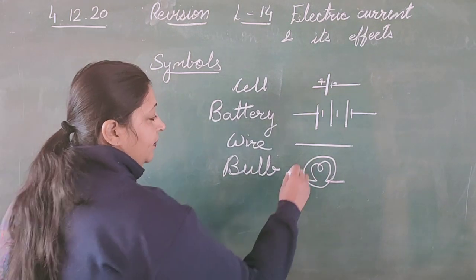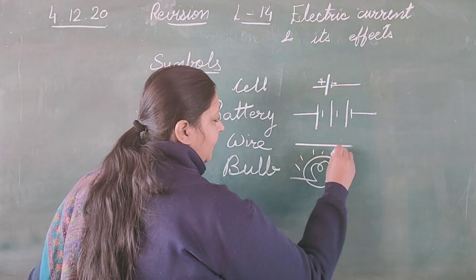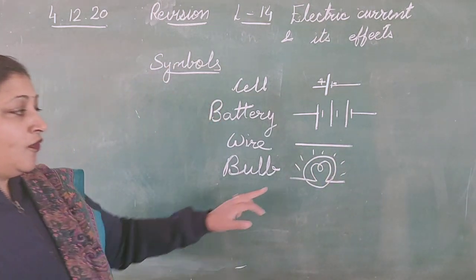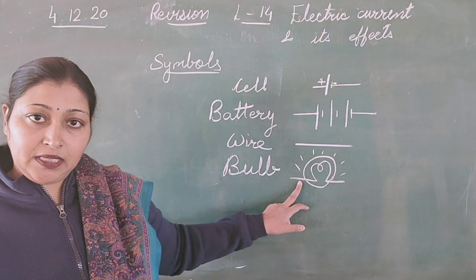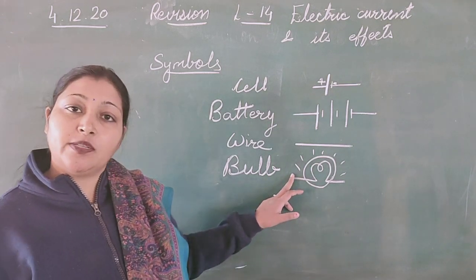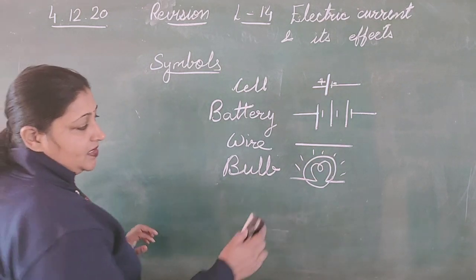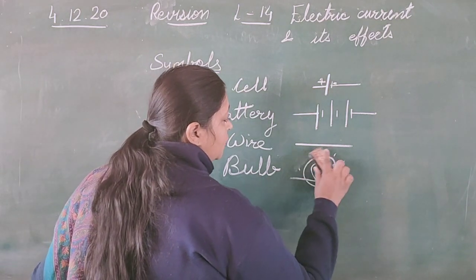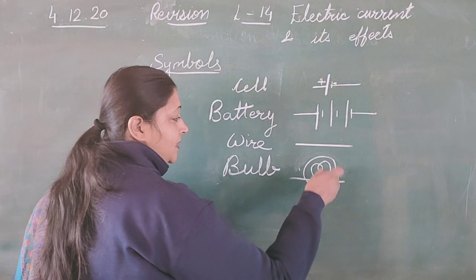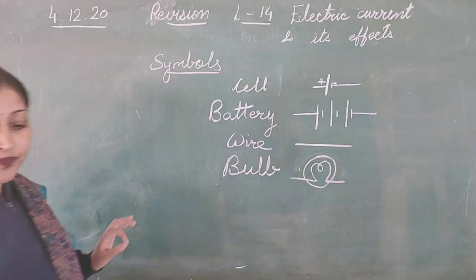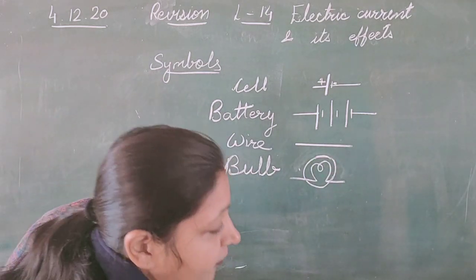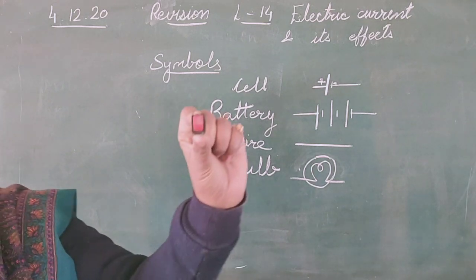To glow the bulb, you have to draw lines like this. It will glow when it is connected in a circuit, when some source of energy is provided to this bulb. Okay, this is a glowing bulb. However, since it is not connected, I will simply draw it like this. Is it okay?